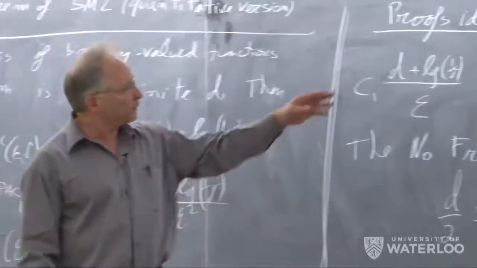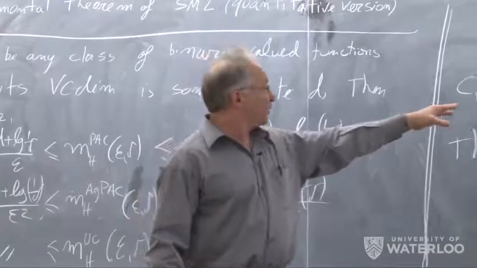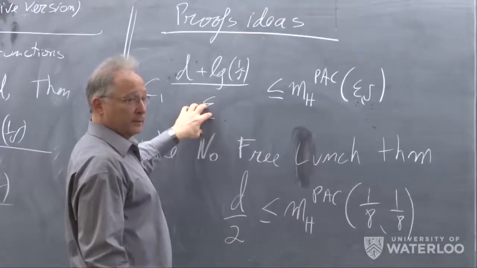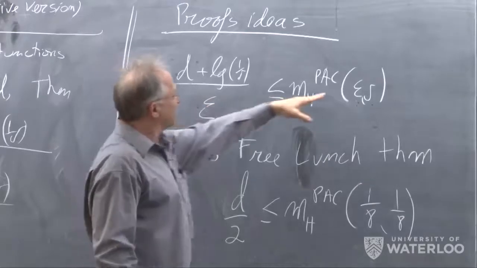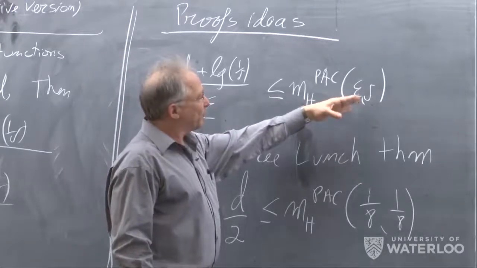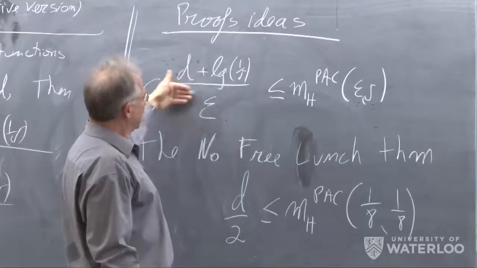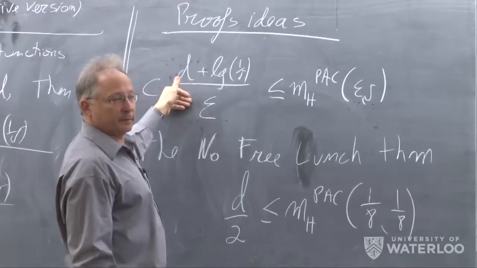For error epsilon over 4, I need d minus 1 over 2 epsilon. If I want error epsilon, and not epsilon over 4, then this will be d minus 1 over 8 times epsilon.